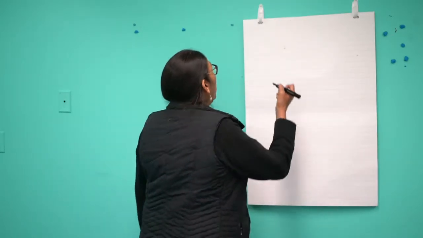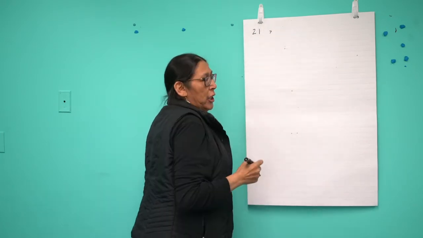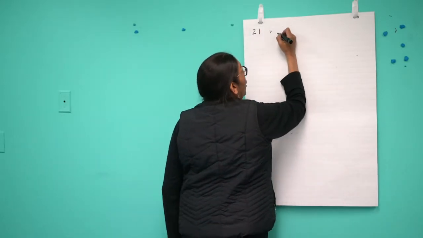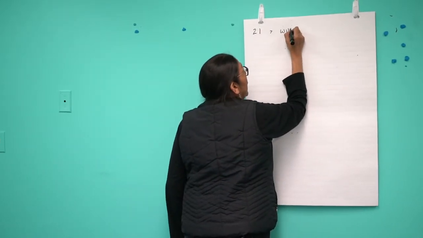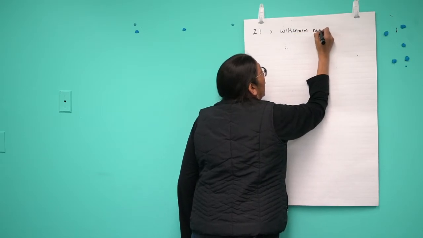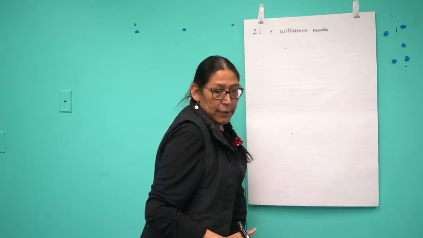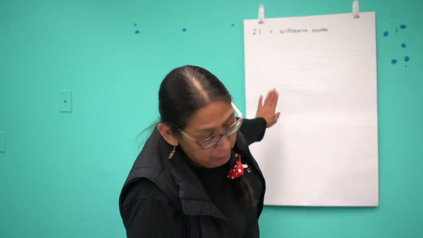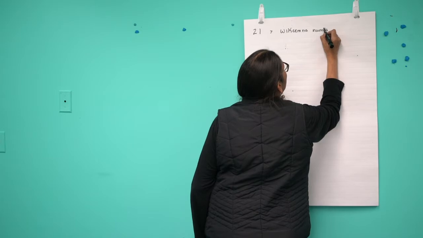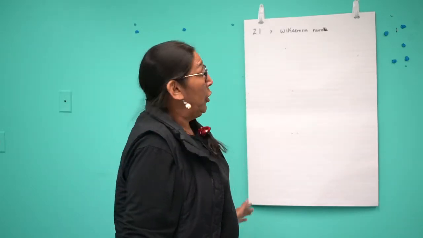But let's do 21 to 22 right now, because this is going 21 to 30. These are going to change. Now, we're taking wikjemna num, that's 20.